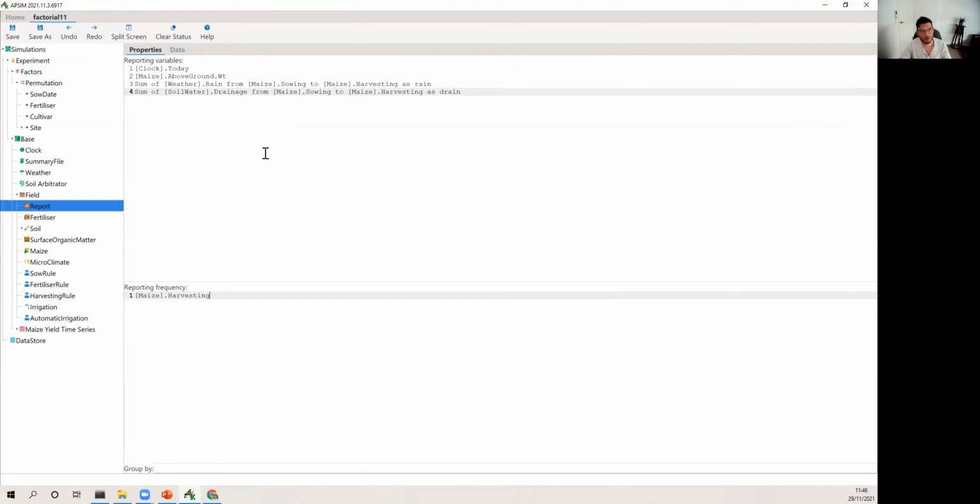At the same time, if you want to assess, for example, what happened with the nitrogen in plant or other variables, you will need to ask APSIM for those variables.